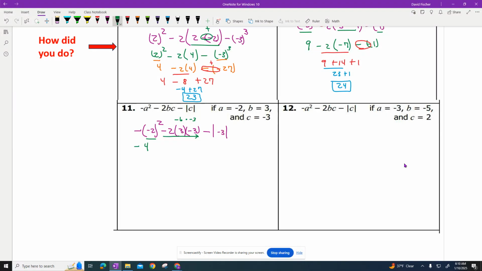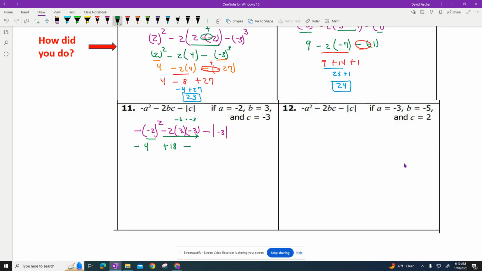Negative times negative is back to positive, and 6 times 3 is 18. So I want to do all of that right now in one big sweep, because I know multiplication is going to be my next step after exponents. So this is what I'm talking about, that as you get more comfortable with math, instead of doing one step at a time, we can kind of speed some things up.